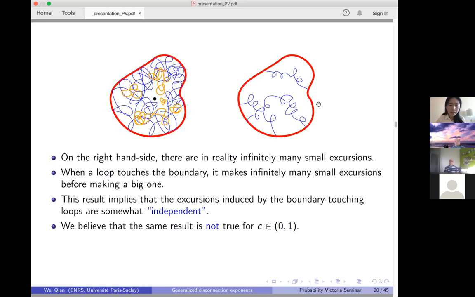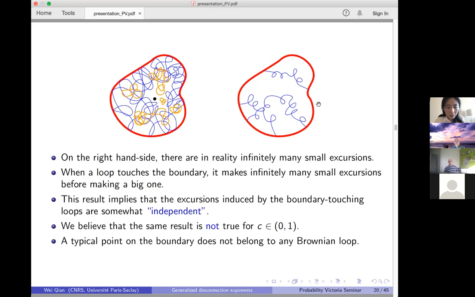This is somewhat surprising because on the left you would expect these excursions, being induced by loops, to be correlated with each other. But on the right, actually we tell you it is a set of independent excursions. And we believe that this result is specific to C equal to 1, and it is not true for C between 0 and 1.